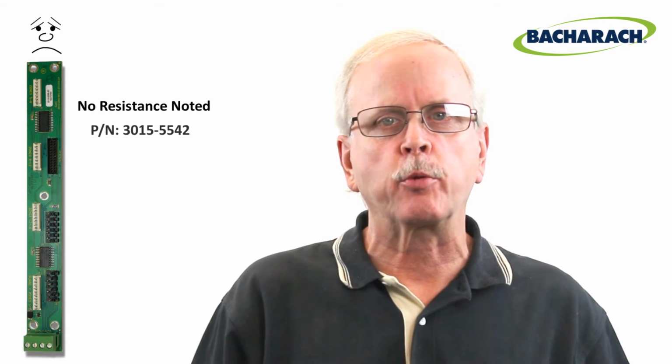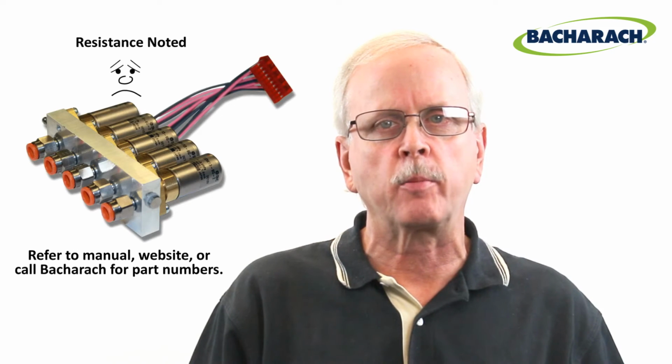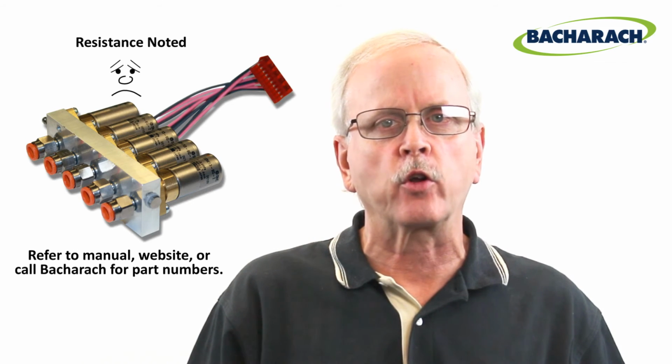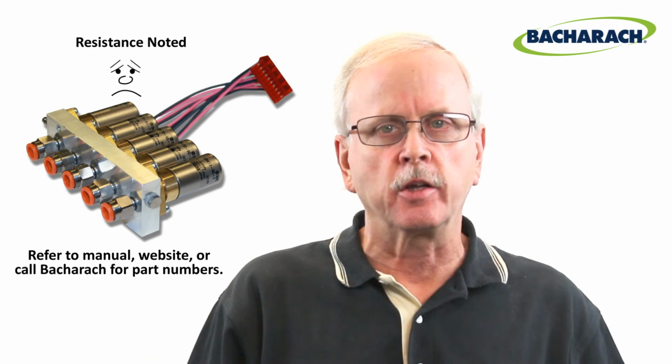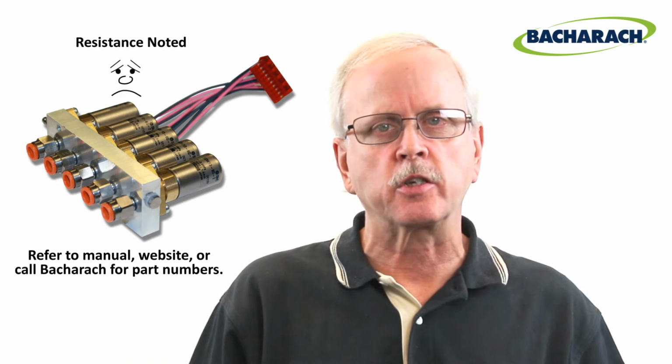If no such resistance is noted, it indicates that the PCB is not properly commanding the solenoid to turn on and the PCB may be compromised. In this case, you should consider replacing the printed circuit board that controls the solenoid. If you do notice resistance, it indicates that the PCB is sending the proper commands, but the solenoid is apparently not mechanically activating. In this case, you should consider replacing the suspect manifold.